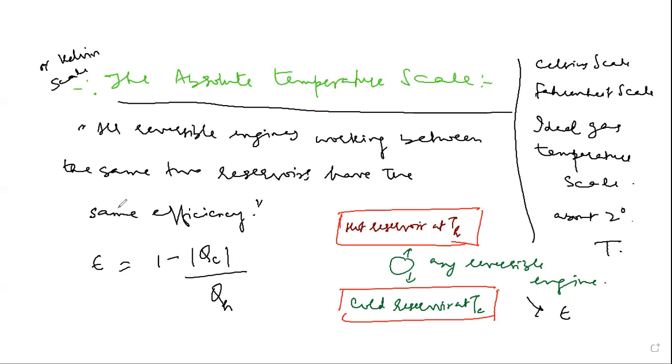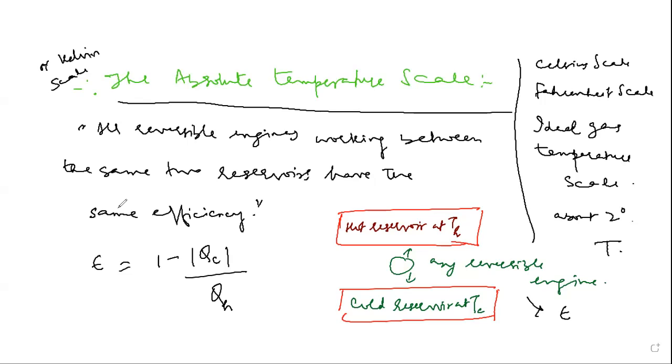In adiabatic expansion, temperature decreases, and in adiabatic compression, the temperature of the system increases, right? So when a reversible engine is operating between a given pair of reservoirs, whatever the system used in the engine, the efficiency is going to be the same.